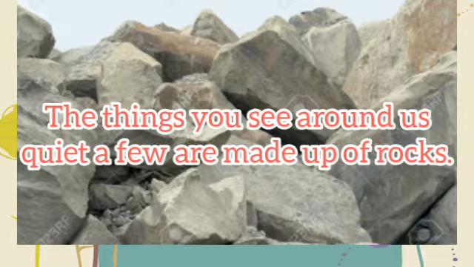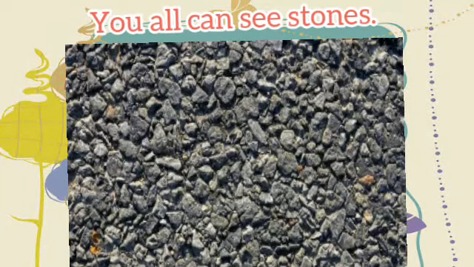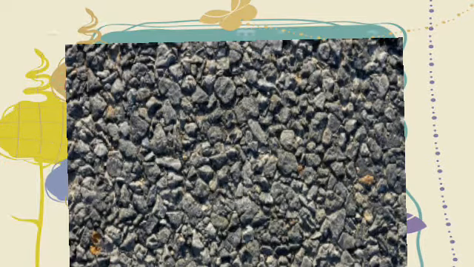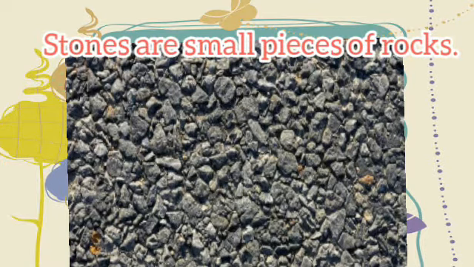Now in the beginning, as you all said, you can see the stones also around you. Now what are these stones? These stones are small pieces of rocks. Okay? The rocks are broken down into small pieces, and these small pieces are nothing but stones.